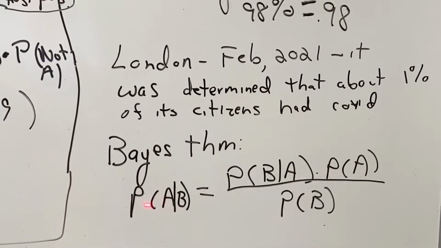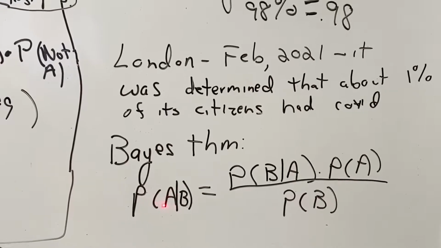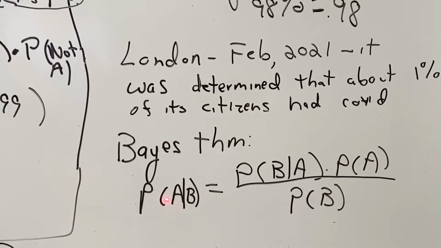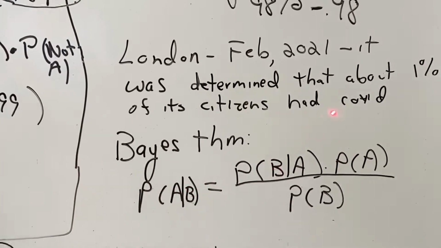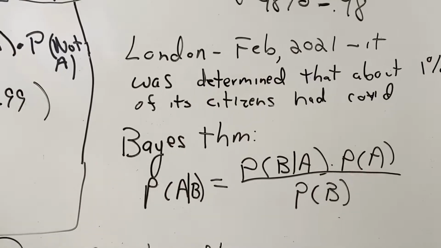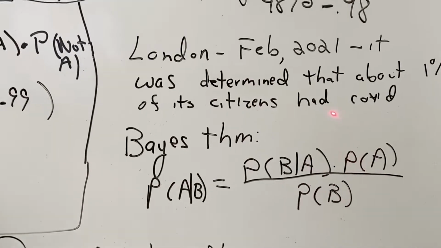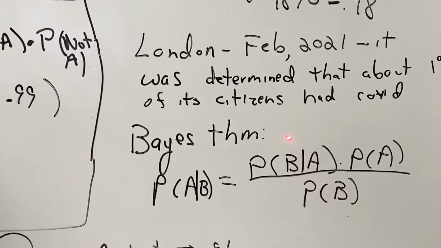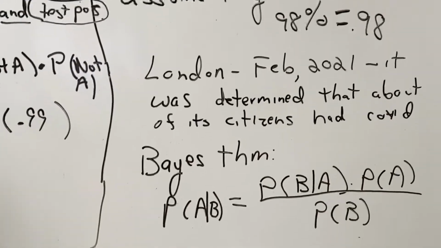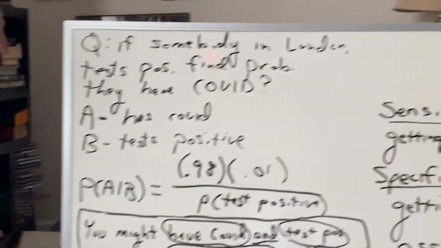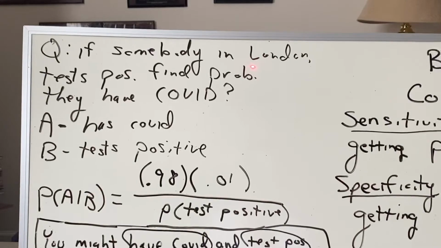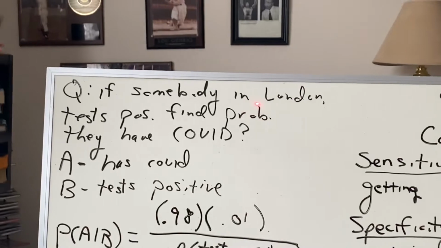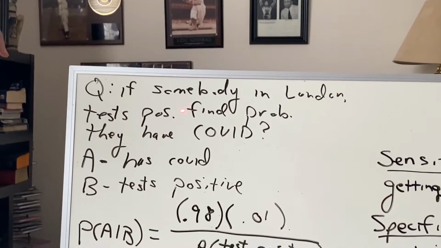Okay, Bayes' theorem is written symbolically as the probability of A given B is equal to the probability of B given A times the probability of A over the probability of B. Okay, so let's say we have a question where somebody's in London, but they don't need to be in London, but with the assumptions given, right, 1% and then the 98%, and they test positive.